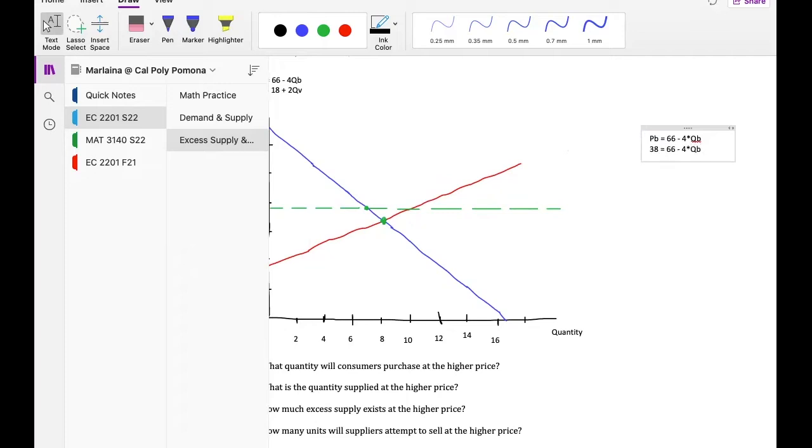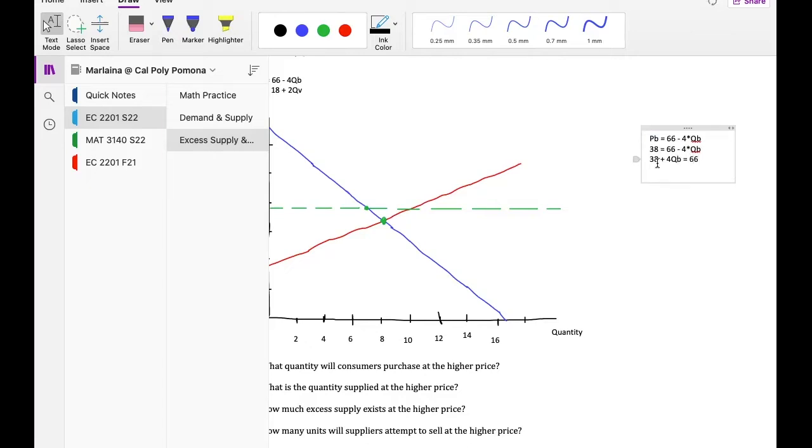And now we have this little algebra problem. We can solve for this QB and make sure that 7 is the correct value. I'm just going to go through this really quick. I'm going to add the 4 QB to both sides. So we get 38 plus 4 QB equals 66 minus 4 QB plus 4 QB, which is just 66.